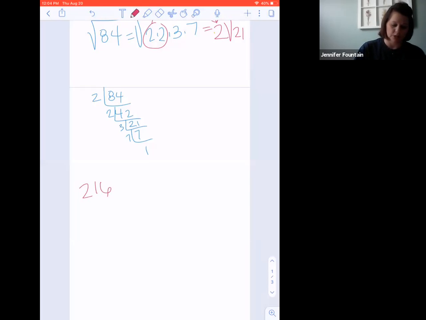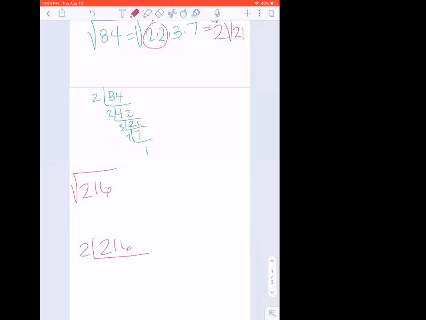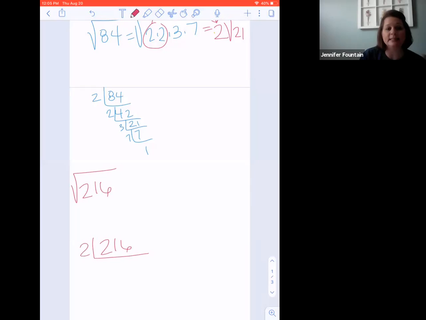We're going to do the square root of 216. So let's start with our ladder method. What is the smallest prime factor of 216? 2. All right, 2 will go into 216 108 times. Okay, what's my smallest prime factor of 108?